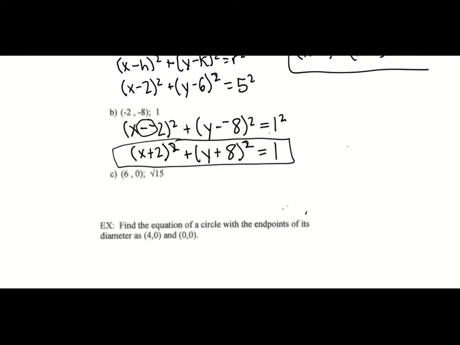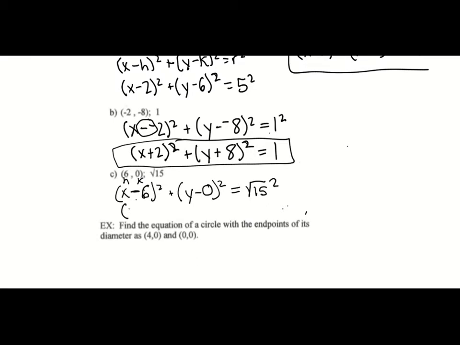Okay, and our last one here, we have our original equation, x minus h, which is 6, my h and my k, squared plus y minus 0 squared equals the square root of 15 squared.